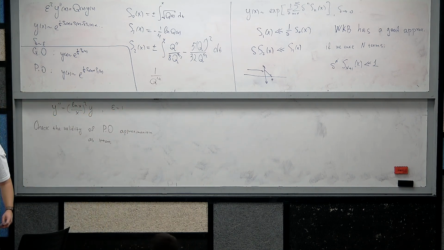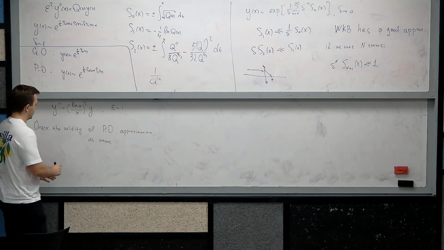So it will be good only for x going to infinity, because we need epsilon to be small. We need to check it. When we find the answer, we can speculate about epsilon, but for now let's assume that epsilon is 1, and we need to find whether the physical optics approximation is good enough.